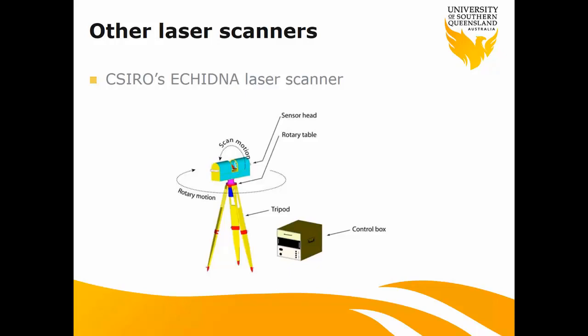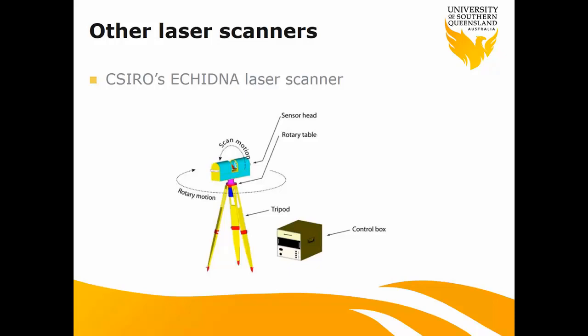This one is an Australian CSIRO designed laser scanner, mainly used for forest canopy scanning and to calculate leaf area index in the ecological area, or forest modeling, or for carbon biomass estimation.